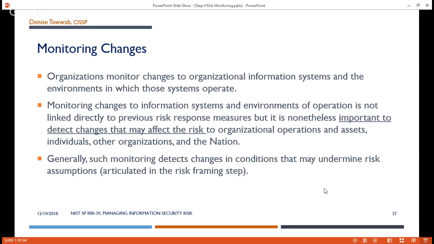Monitoring changes to information systems and environments of operation is not linked directly to previous risk response measures, but it is nonetheless important to detect changes that may affect the risk to your organization's operations, assets, individuals, other organizations, and if you're federal, the nation, or if you're part of critical infrastructure. Generally, such monitoring detects changes in conditions that may undermine risk assumptions, and those assumptions are articulated in the risk framing step.